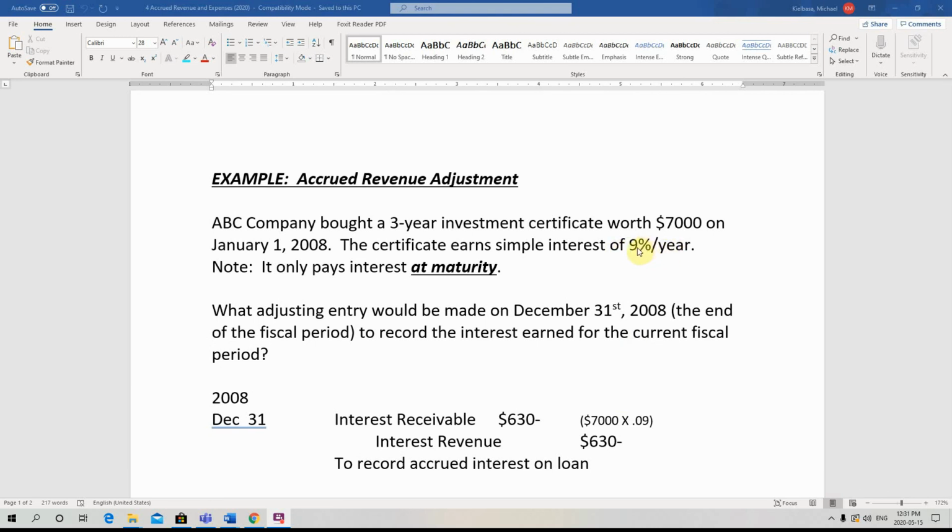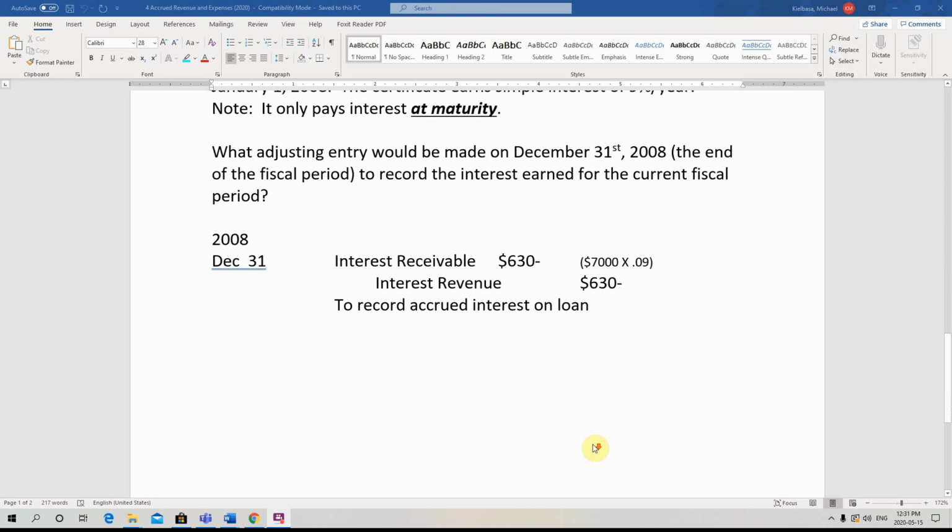So 7,000 times 9%, okay, is $630. So again, since it's an accrued revenue adjustment, the interest receivable is debited and the interest revenue is credited. Okay, so hopefully that makes sense to you.